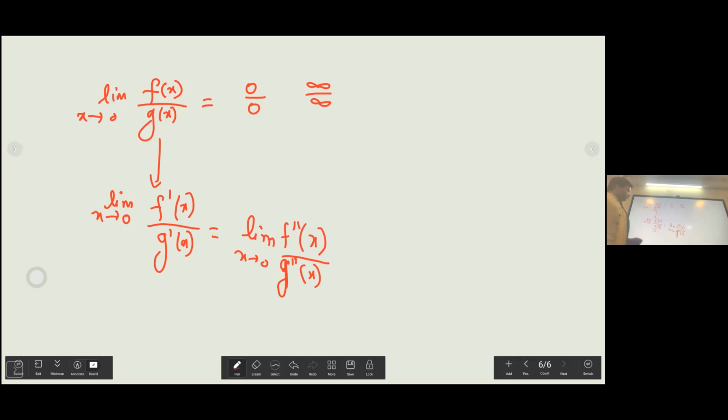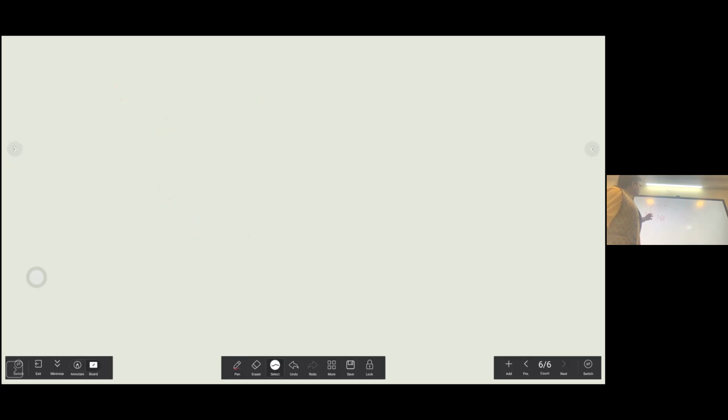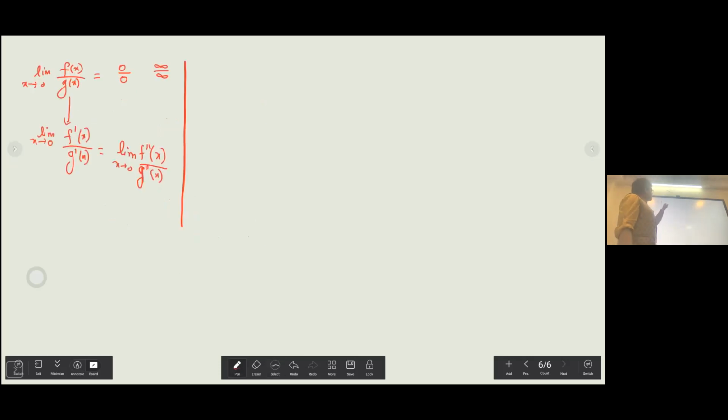Okay. Now, one of the examples that I would like to start with is the first one, which is, let's say, limit x tending to 0 of sine x upon x. We all know the answer is 1, because as x tends to 0, sine x approaches the x value.